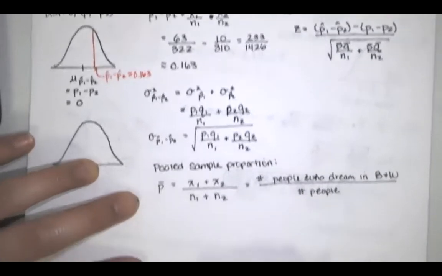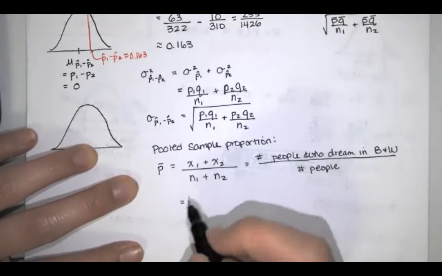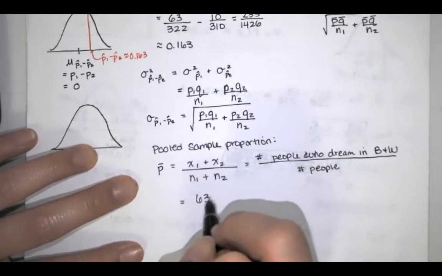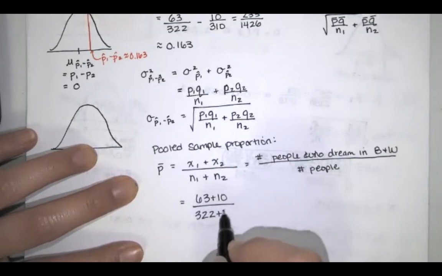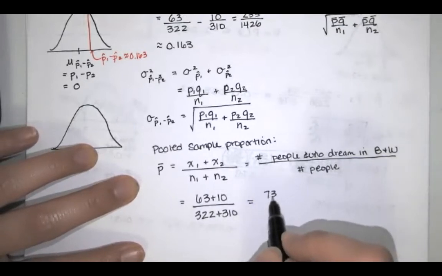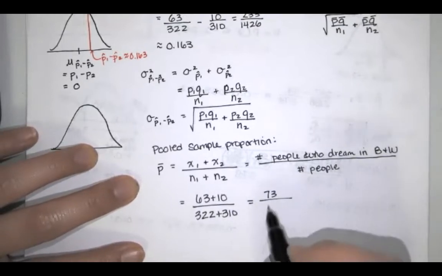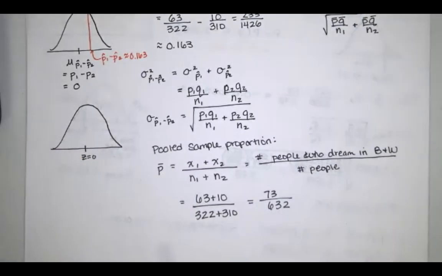We're not grouping them according to their age. So in this case, X1 and X2 are equal to 63 and 10. So we're going to add those together. And our two sample sizes were 322 and 310. So it looks like we've got 73 people that dream in black and white, out of the 632 people total that we have.